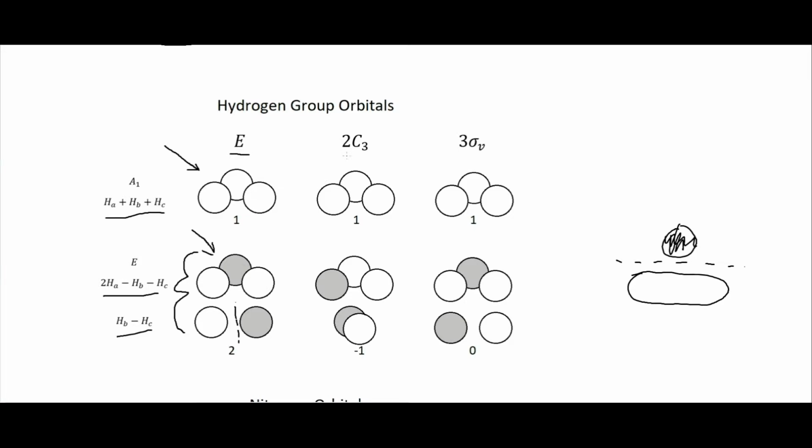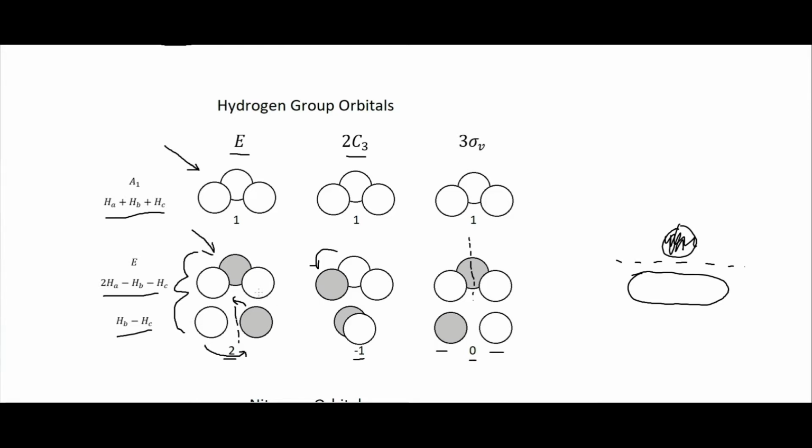If we do a C3 rotation, we see that this will rotate right there. We see that this rotates so it's pointing out of the screen, and this one into the screen like that. And if we do a reflection across here, we see that this top one stays the same, but this one down here flips around. And so the characters for these, we have the 2 here, we have the -1, and we have the 0.